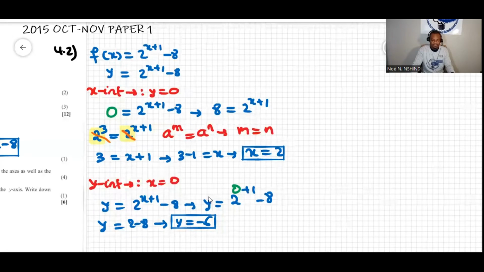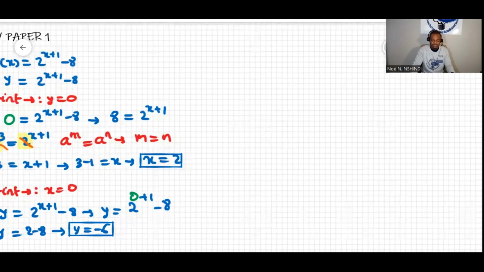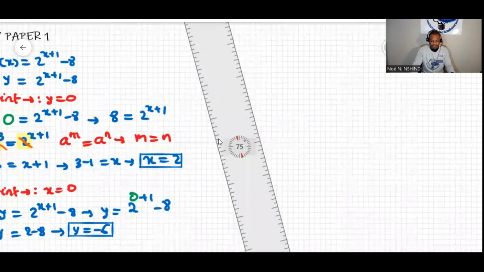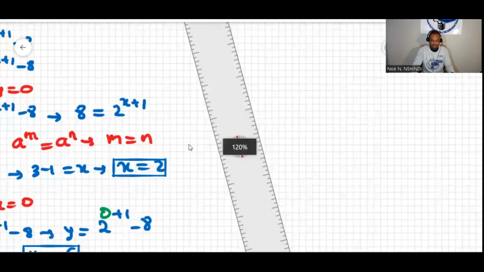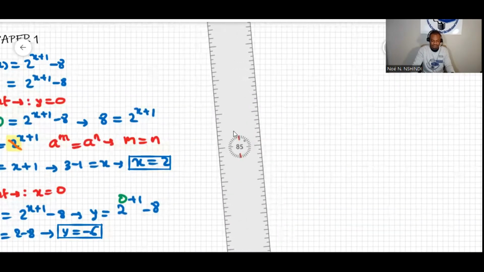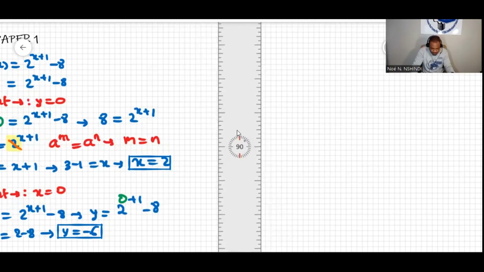We can now move my board over here, and I am going to draw the graph here. I'm going to do the graph in the Cartesian plane.